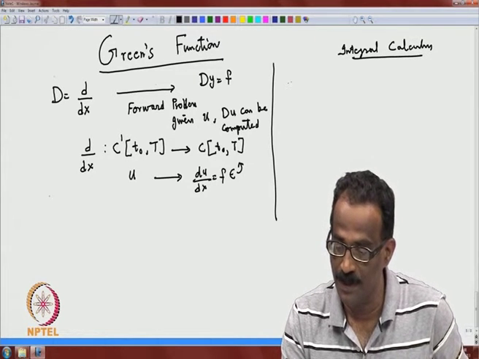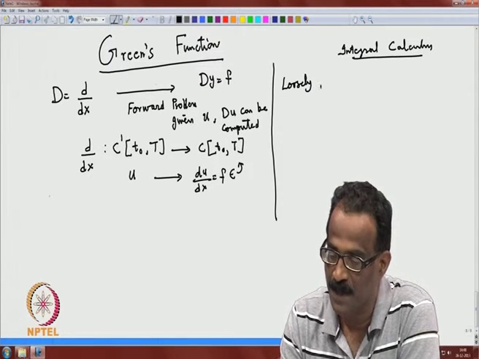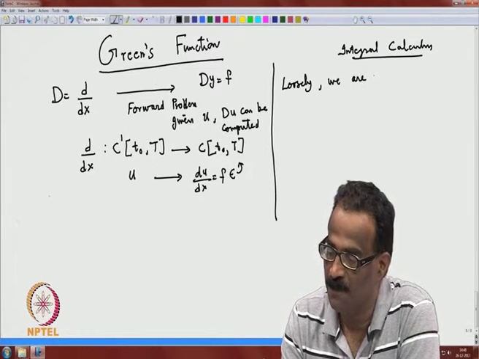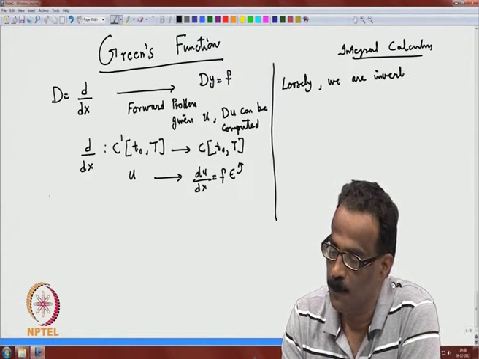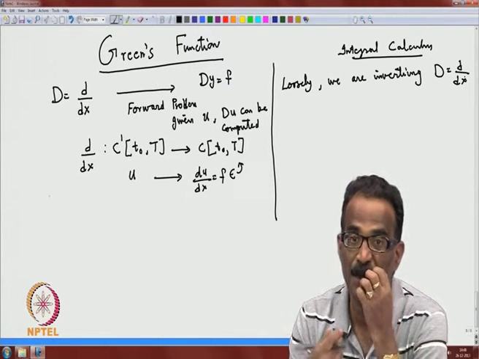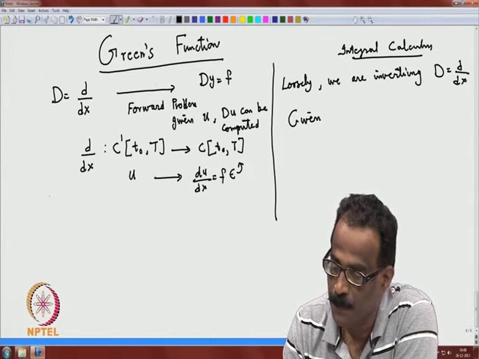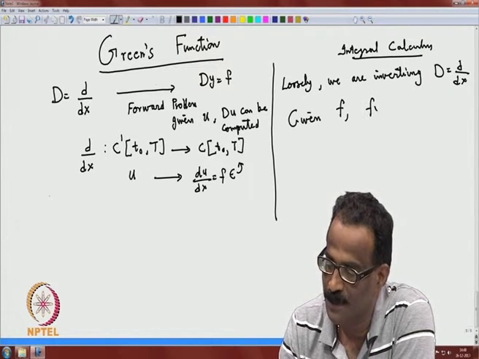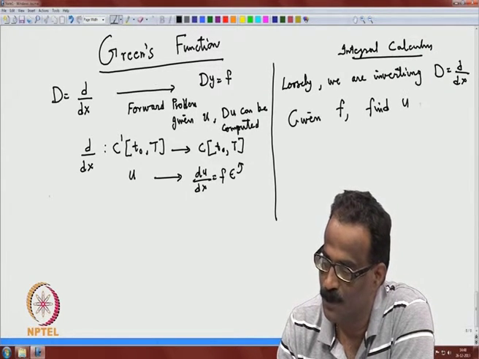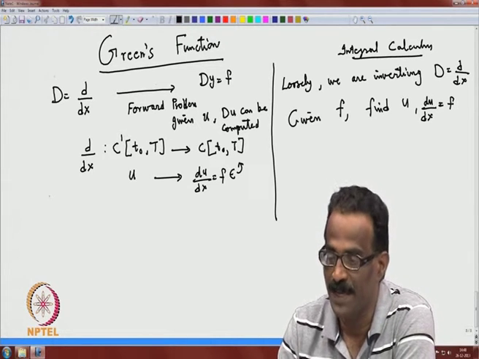Loosely speaking, we are inverting the operator d by dx. That is what you are doing. These are different interpretations. We are trying to invert, meaning given f, find u so that du by dx is equal to f. And that is what we eventually calculated.